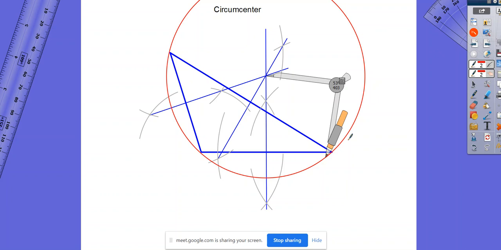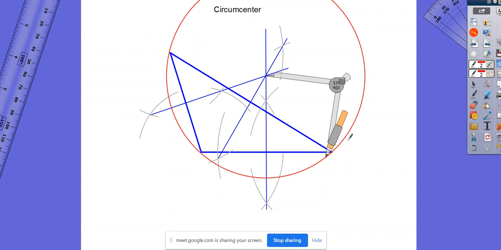Yeah, so you measure from the circumcenter to the vertex, and then you draw the circle. Yep, it works. Did it work for you guys at home? Did your circumcenter work?